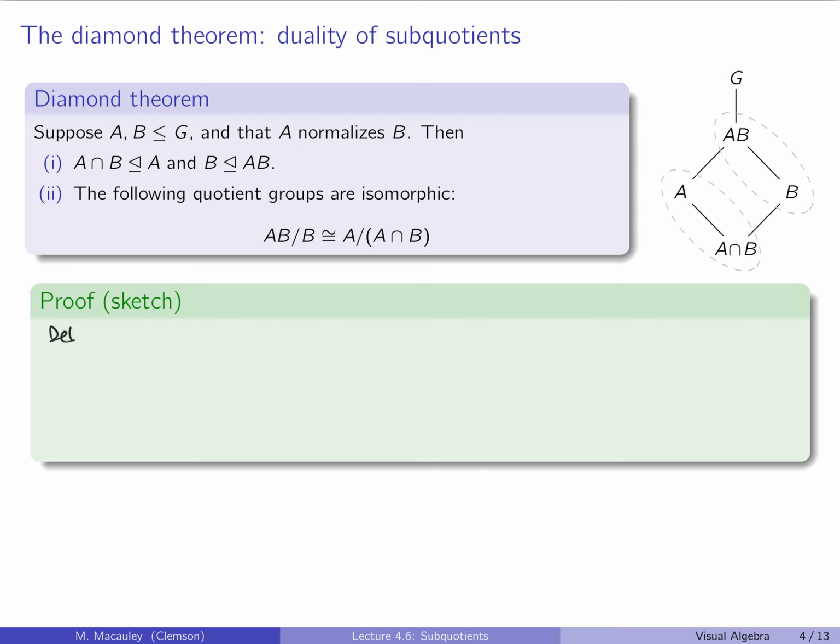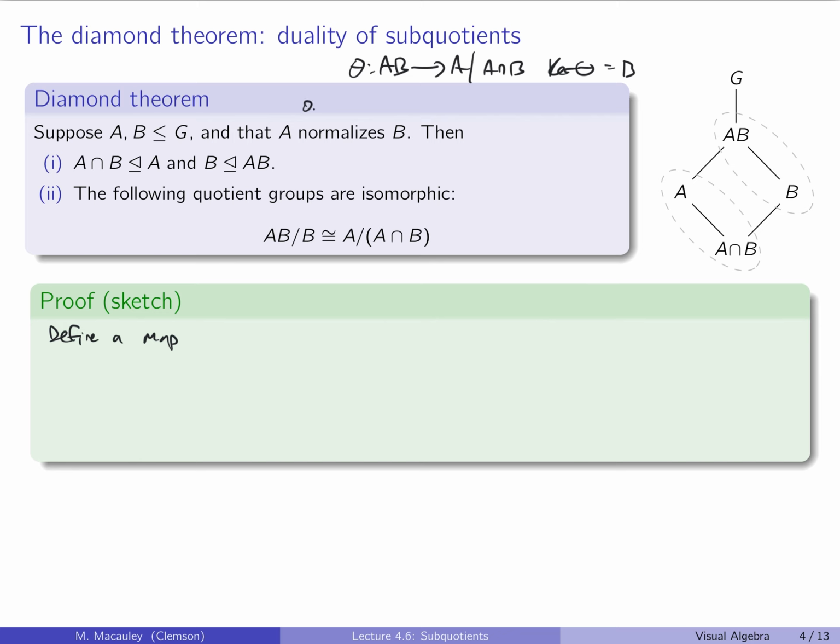So let's define a map. Now you look at this, and this is tailor-made for the fundamental homomorphism theorem. But there's really two ways that we can do things. We can define a map theta from AB to A mod A intersect B that has kernel equal to B. And if we can show that it's well-defined, a homomorphism, and onto, then we're done.